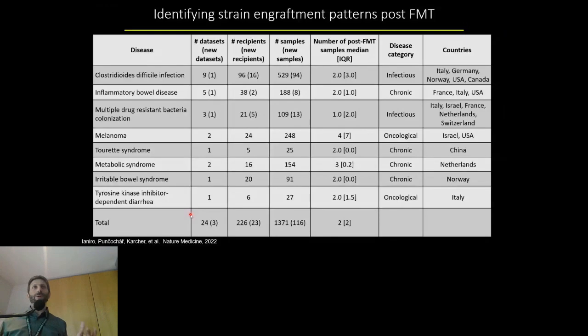Fecal microbiota transplantation is just the transplantation of fecal material from a donor to a diseased individual, and it can reconstruct the gut microbiome of the recipient, although the recipient will have a microbiome which is a mix of the donor microbiome and its own microbiome before. And it's important to track the transmission of the strains to understand how much the microbiome of the donor engrafted in the recipient microbiome. You can see it, you can model it pretty well.